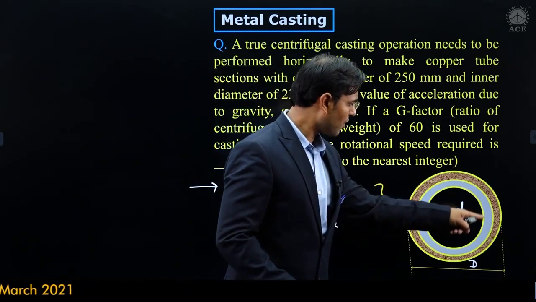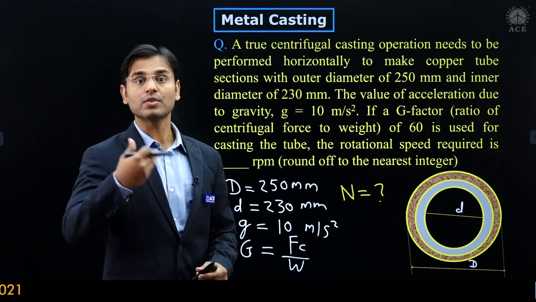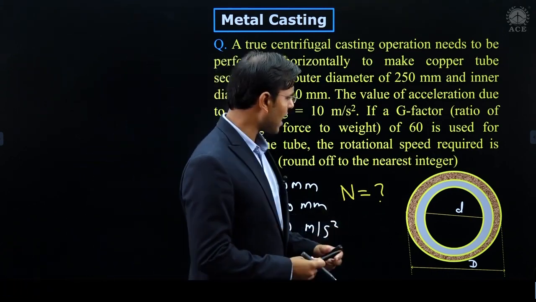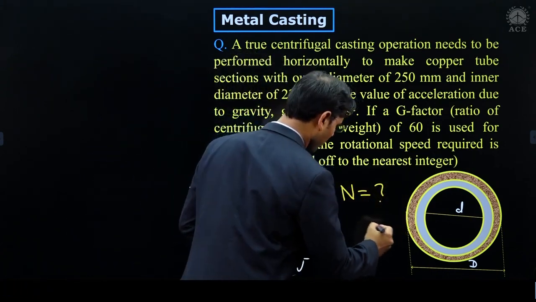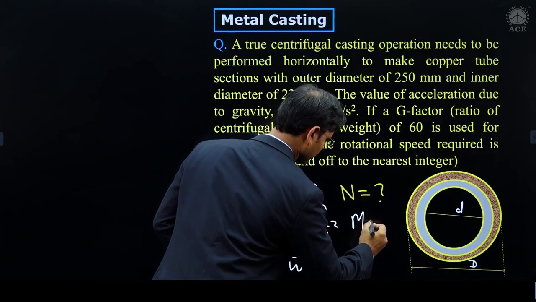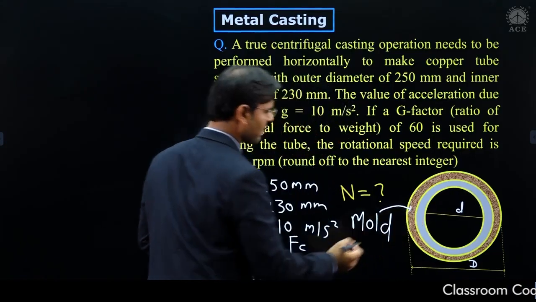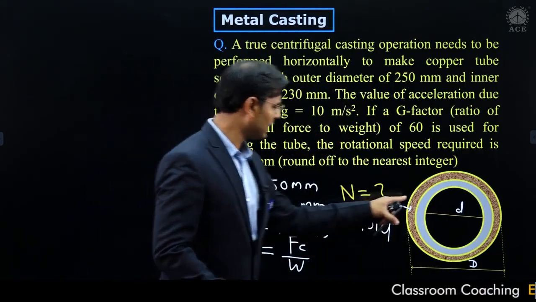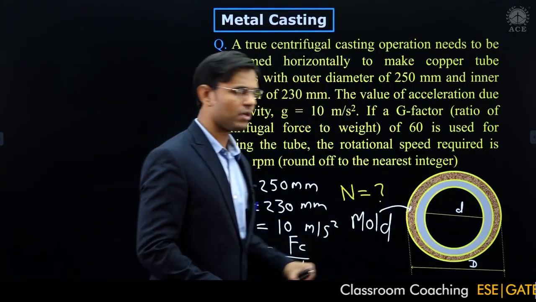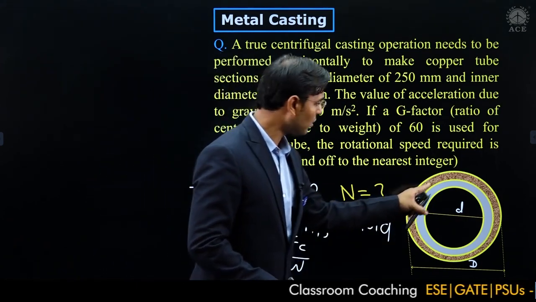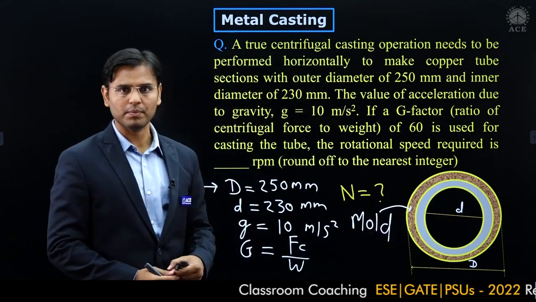Outer diameter of copper tube, or also I can say that inner diameter of mold. Just see the mold here. Just see, this is the mold. Then capital D is inner diameter of mold, or it is outer diameter of tube.